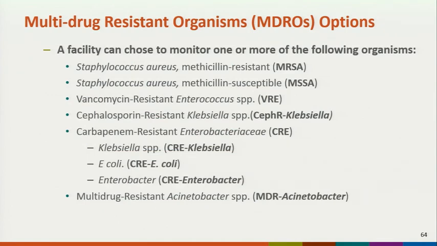As I mentioned earlier, within the LabID event module, there are several options for reporting. Users have the option to report C. difficile, which we talked about earlier, as well as the common multi-drug resistant organisms. Within the multi-drug resistant module, facilities can choose to monitor one or more of the following. And I'm going to define these later, but I'm going to try to pronounce all of these words now.